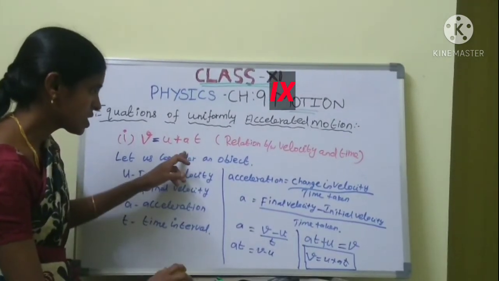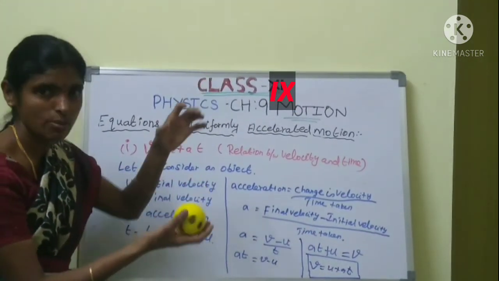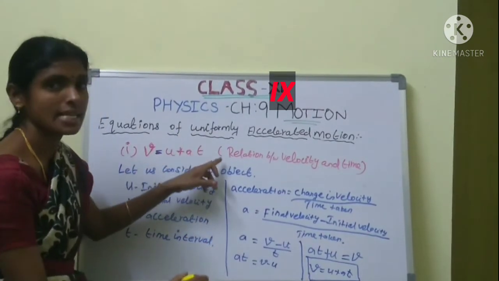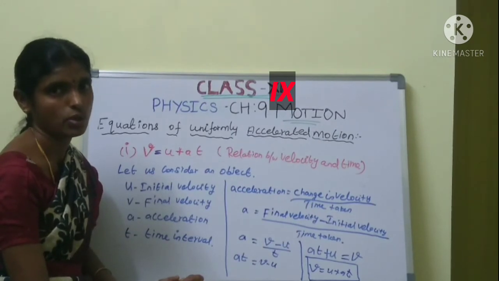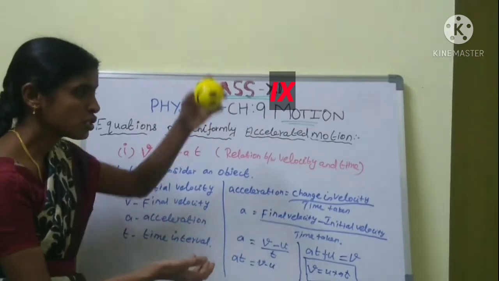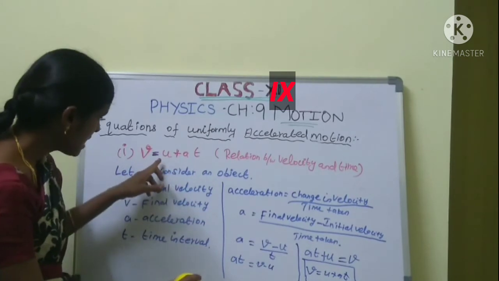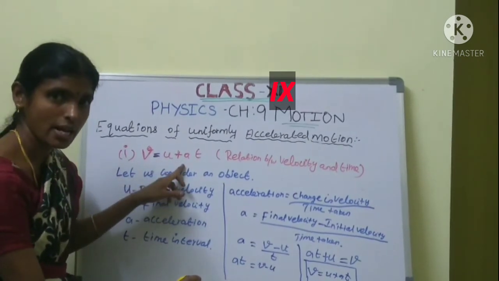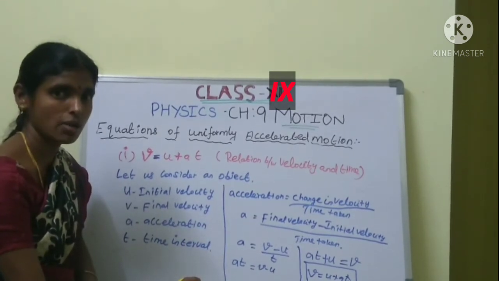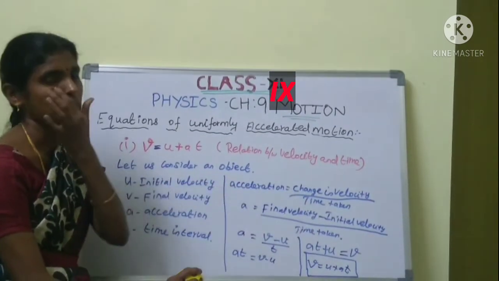Suppose this object is in uniformly accelerated motion, then we can derive the equation from the definition of acceleration. Are you clear? It's a very important key point. If an object is in uniformly accelerated motion, we can derive this first equation of motion from the definition of acceleration. What is the acceleration formula? Acceleration equals the rate of change of velocity by time taken.